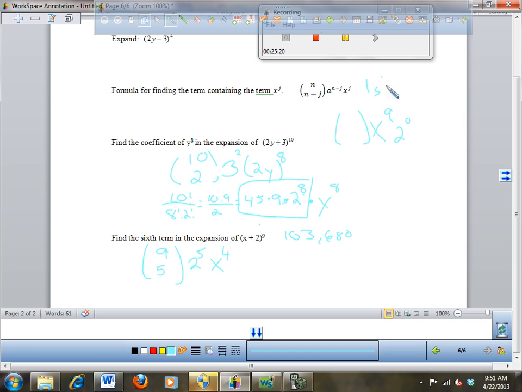This is going up by 1. On the second term, it's going to be x to the 8th, 2 to the 1st. So this power is always going to be one less than the term you're looking for. If I'm looking for the 6th term, this number is going to be 5. And then you can find the other.